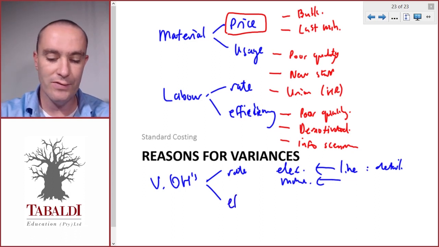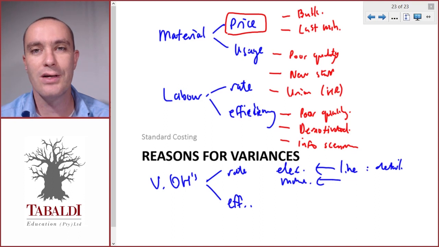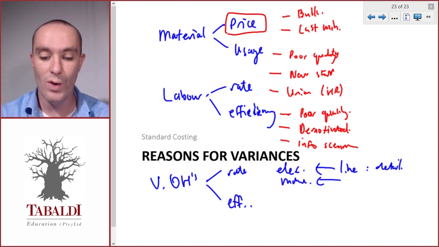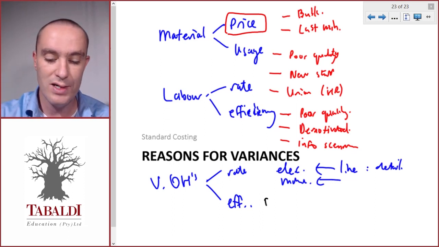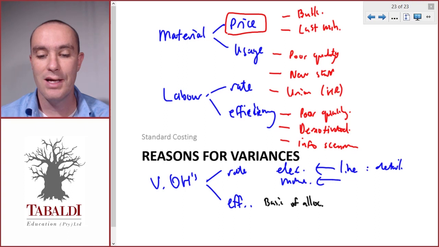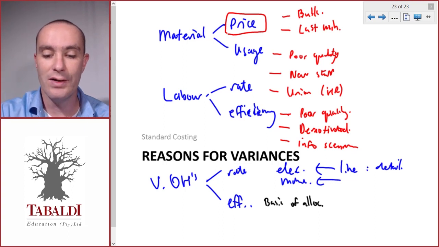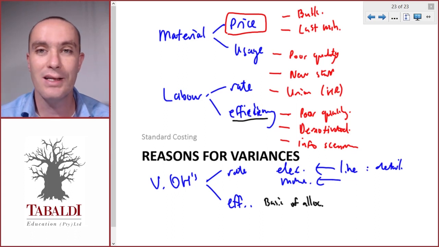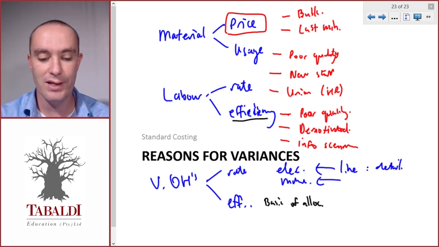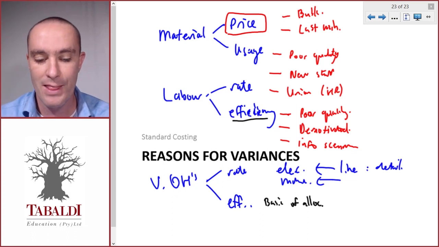If you look at the efficiency variance for variable overheads, well, there it solely depends on what basis we use to allocate it. So remember, overheads are allocated because they're indirect costs. So what basis of allocation did we use? So if we use labor hours and we have a negative efficiency variance for labor, we'll automatically have a negative efficiency variance for variable overheads.